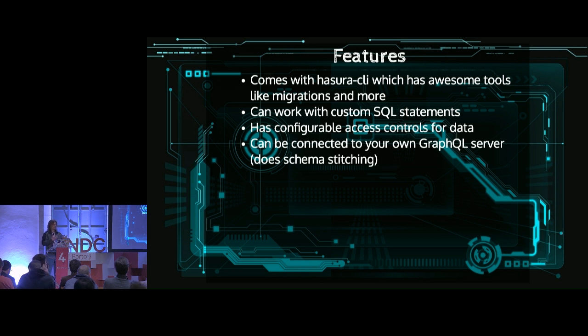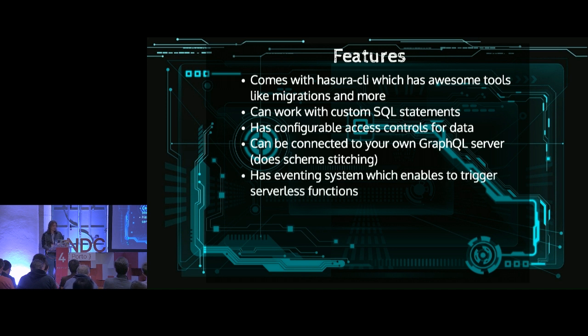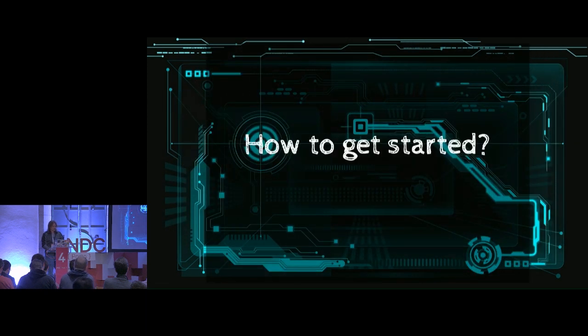There is a concept called schema stitching, where you can take two existing GraphQL servers and stitch the schemas. We will see it in a demo in a bit. It also has an eventing system, which I already talked about a while ago, about serverless functions and how events are triggered. So the question is how to get started, to get the hang of it.